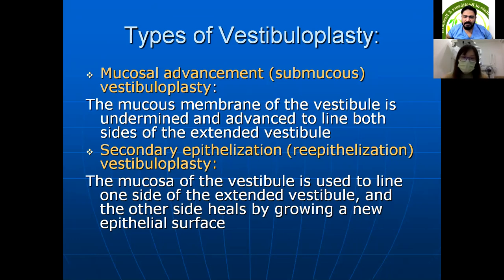Secondary epithelialization or reepithelialization vestibuloplasty: the mucosa of the vestibule is used to line one side of the extended vestibule and the other side heals by growing in a new epithelial surface. In this, you just cut down the mucosa of one side and line the other side. The other side heals by secondary epithelialization. A new mucosa is formed there. Okay.